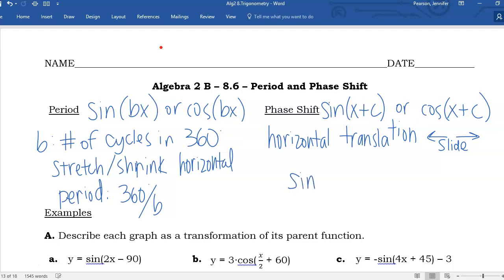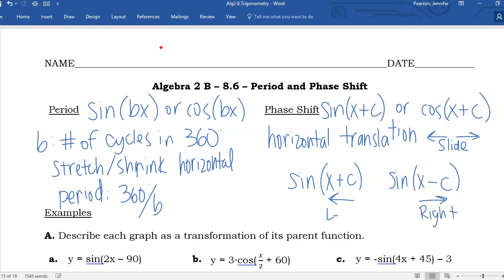But when you have x plus a number, the whole graph actually slides to the left. And it's backwards from what we would expect. When we have sine of x minus a number, the whole graph slides to the right.